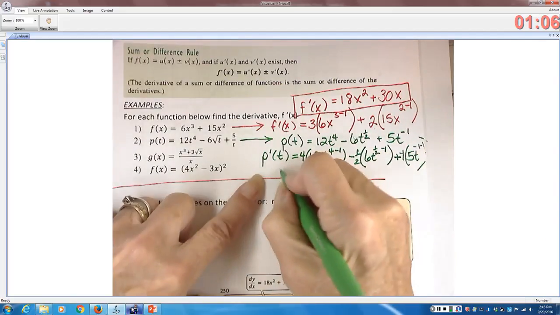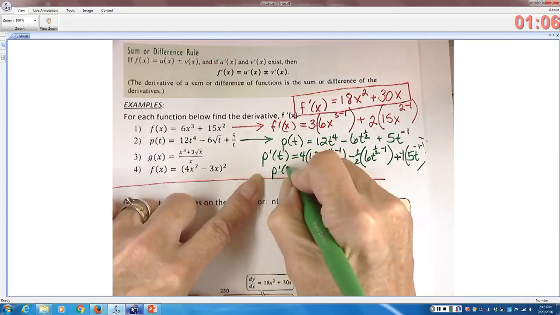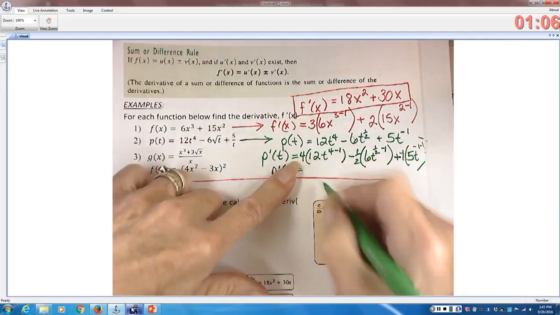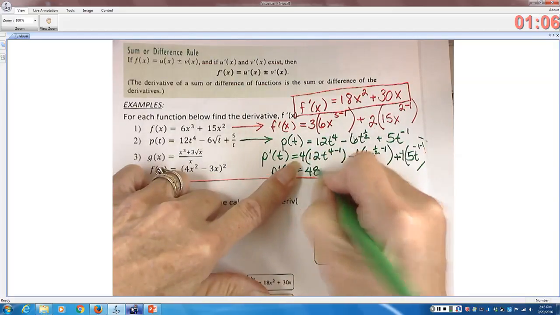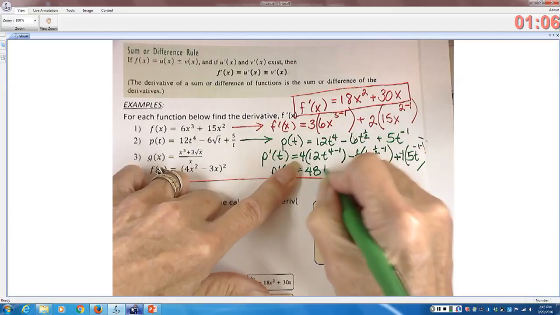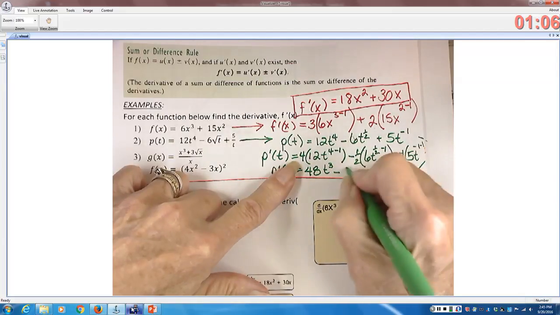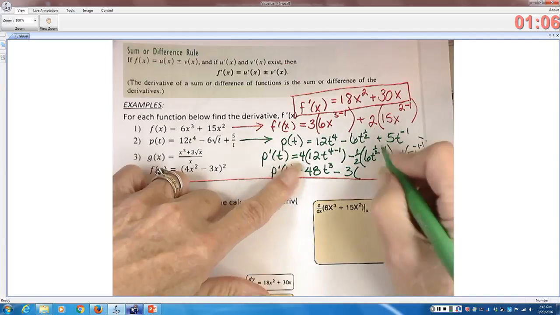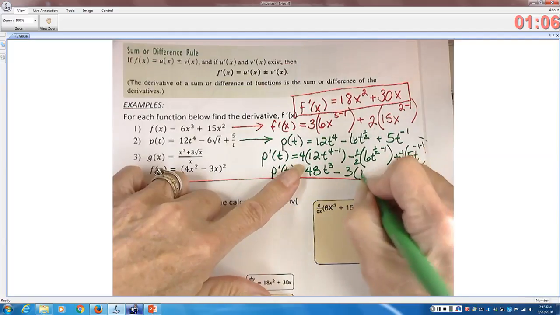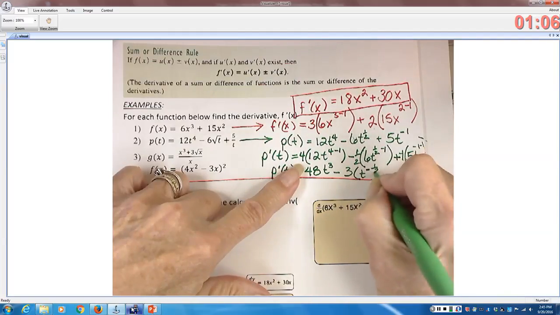So what I'll have ultimately is P prime of t is 4 times 12 is 48, t to the 4 minus 1 is t to the third, minus 1/2 times 6 is 3, and 1/2 minus 1 is t to the -1/2 power.